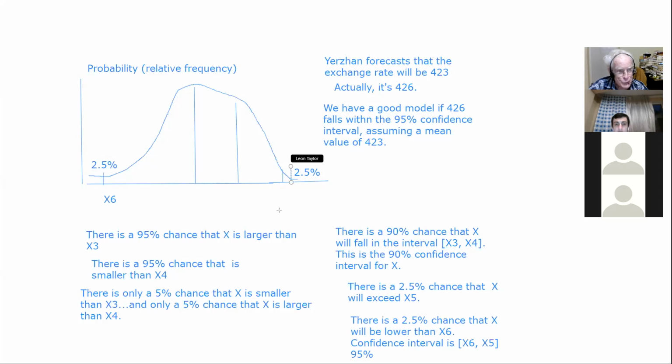That is outside the confidence interval. We have a bad model if 426 falls outside of the 95% confidence interval.